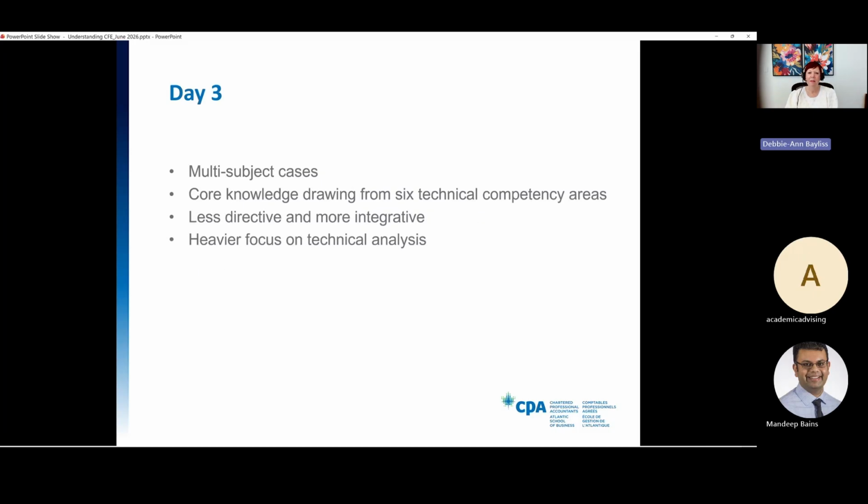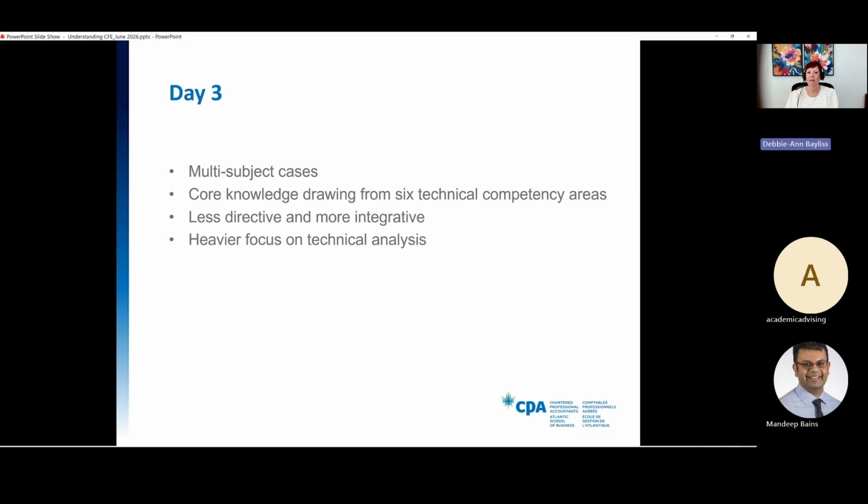Day 3 is multi-subject cases, and there could be anywhere from 3 to 4 cases, ranging in time from 45 minutes to a maximum of 90 minutes. In day 3, you're going to be tested at the core level, and you're going to be tested across all 6 technical competency areas.